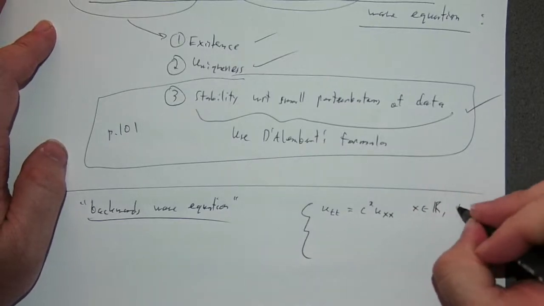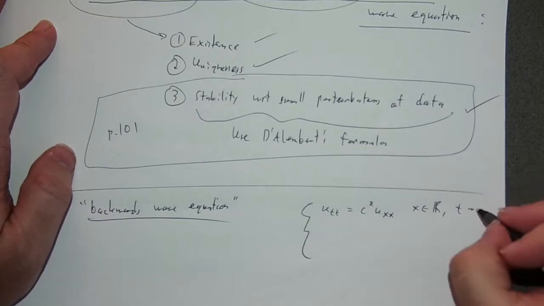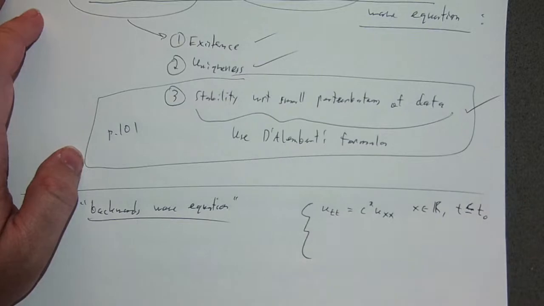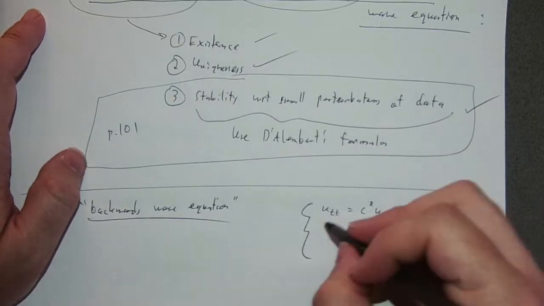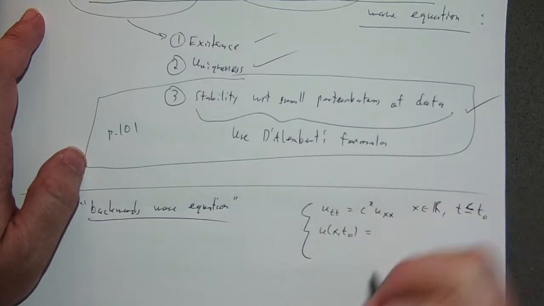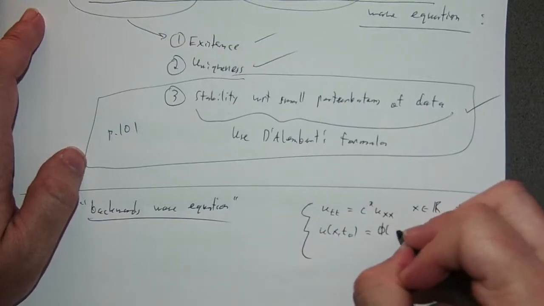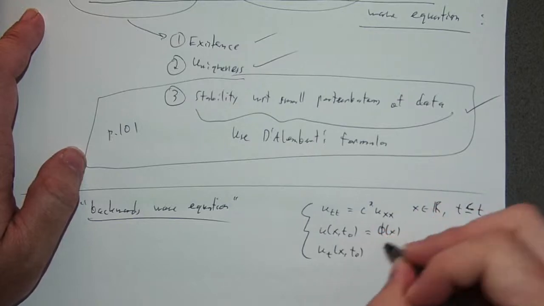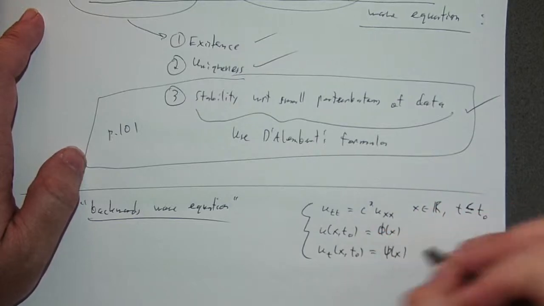So x in R, t is less than or equal to some t naught, and u of x, t naught is phi of x, and u sub t of x, t naught is c of x.